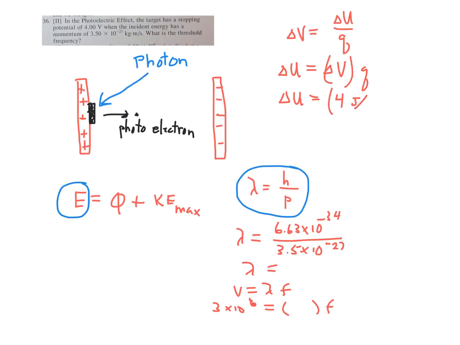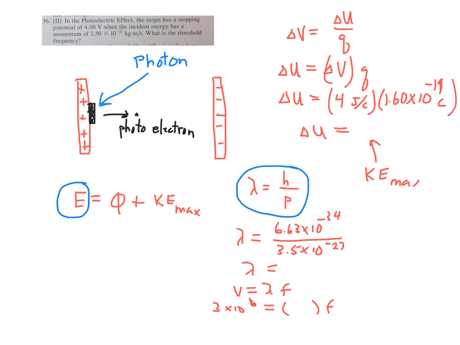I like joules per coulomb instead of volts. 4 joules per coulomb times 1.60 times 10 to the negative 19th coulombs. That'll give me the change in potential energy of the electron. Delta U is going to be that value. Well, that will also be the delta KE, or in other words, the KE max.